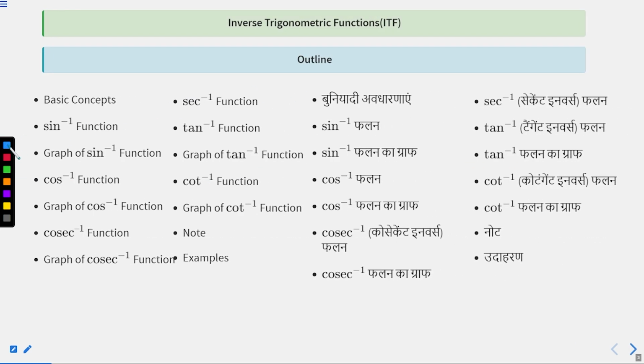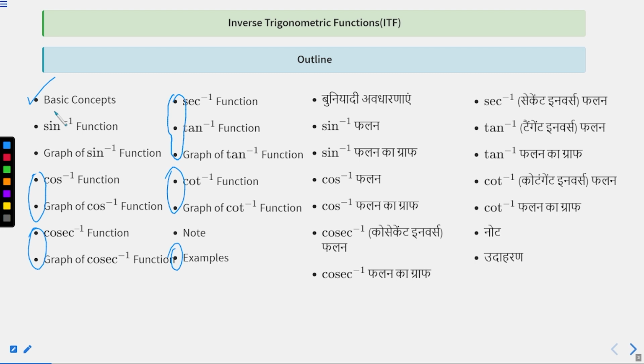In upcoming lectures, we will be covering basic concepts, the sine inverse function and its graph, then the cos inverse function and its graph, then cosec inverse function, then the graph for it, then sec inverse, tan inverse, graph for tan inverse, cot, graph of cot, and some examples we will be doing in today's lecture.